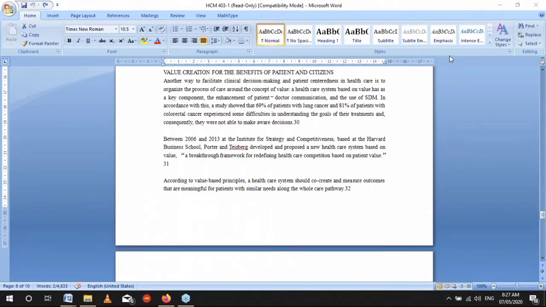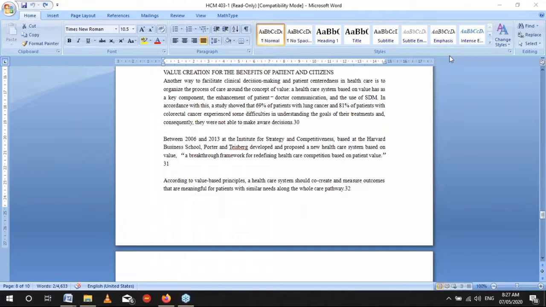The areas I really want you to concentrate much on under value, apart from understanding what value is, are the ways by which you can manage decision making, which I've been mentioning.